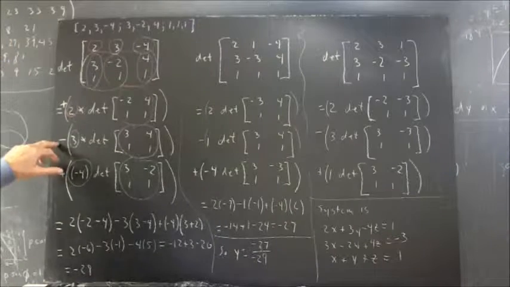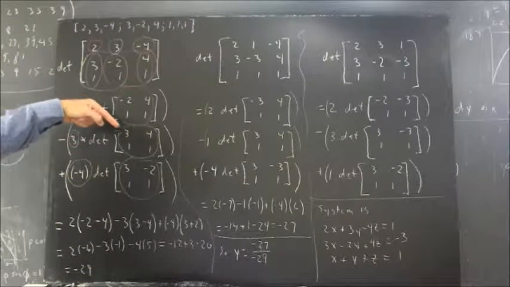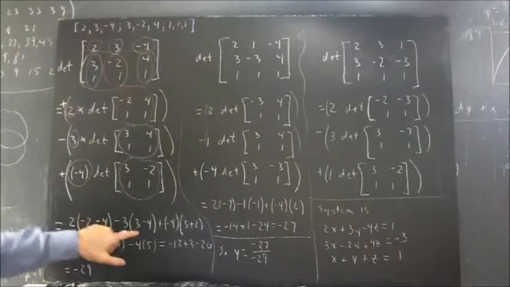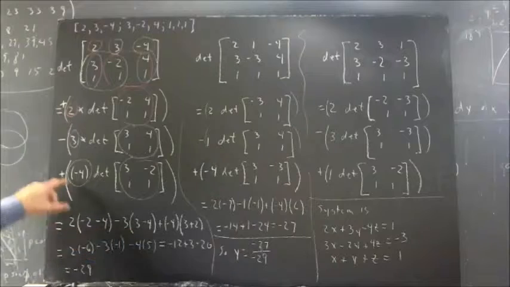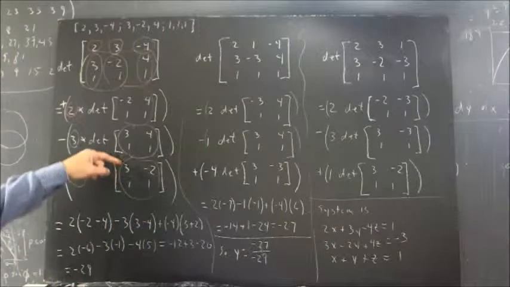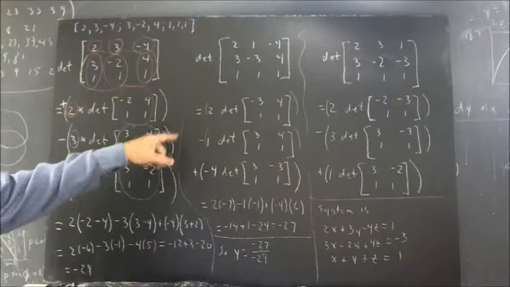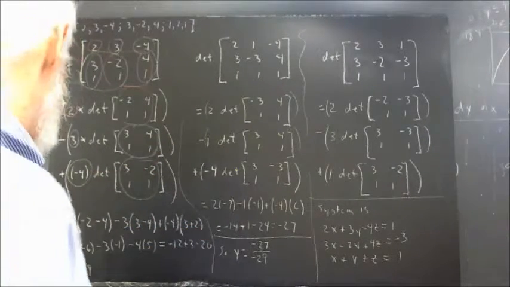Then we're going to have our minus 3 times the determinant of this matrix. We're going to have 3 here minus 4, so we have our 3 minus 4. And then we add negative 4 times the determinant of this matrix, and we have a 2 here and minus a negative 2 here, which is going to give us 3 plus 2.